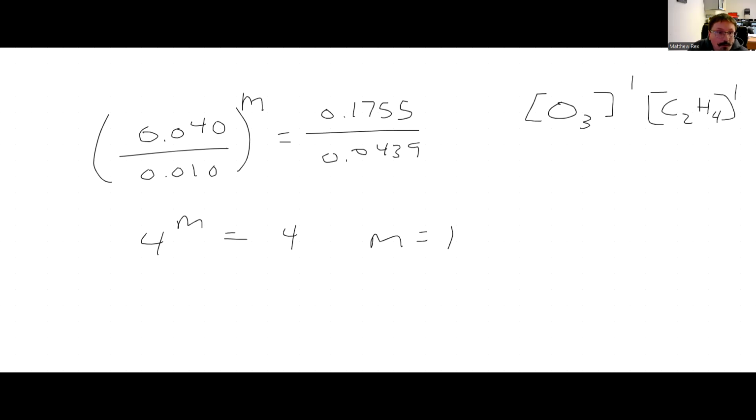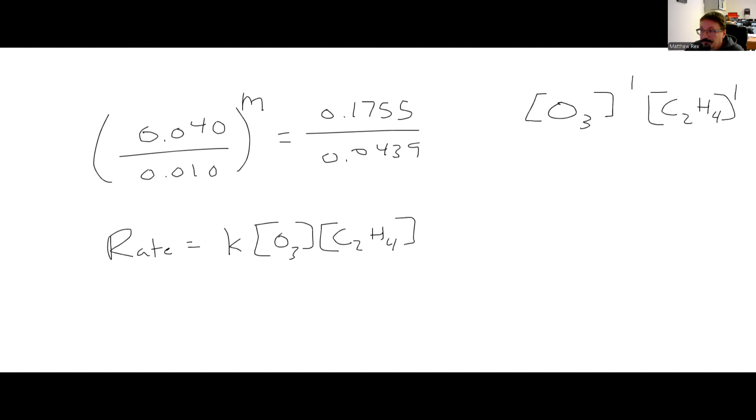So to write our rate law, we're going to have our rate constant, concentration of O3 raised to the first power, first order with respect to the O3, and first order with respect to the C2H4.